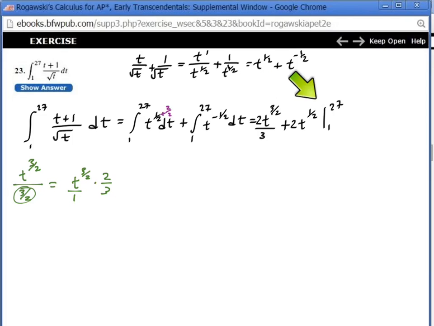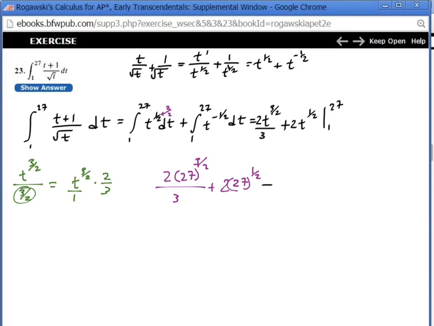Okay, so now, how do we carry out this part? We're going to plug in the top number first, then we're going to subtract the bottom one. So we get 2 times 27 raised to 3 over 2 divided by 3 plus 2 times 27 raised to the 1/2.